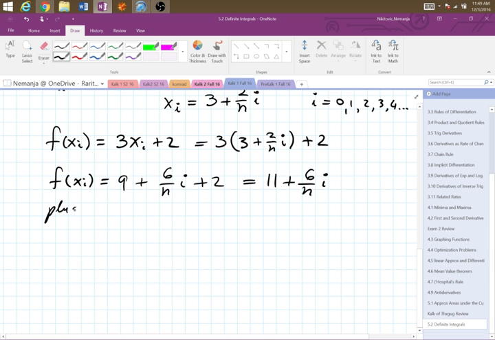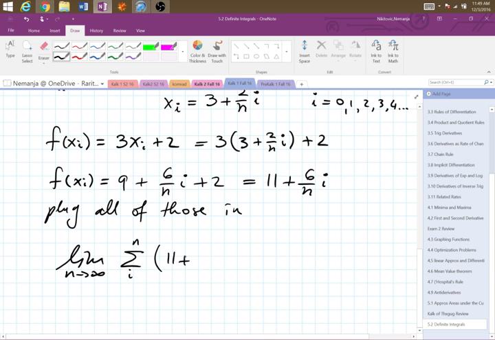So the whole thing now looks like, plug all of those in. We get limit, n goes to infinity, summation i to n of 11 plus 6 over n i times 2 over n.